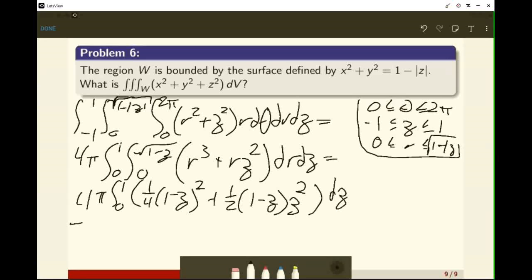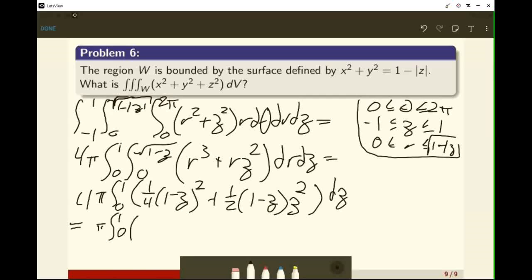And then this, we can start multiplying things out, so I will even multiply that 4 in to clear out all these fractions. And so we've got pi times 4 over 4 is just going to give a factor of 1.